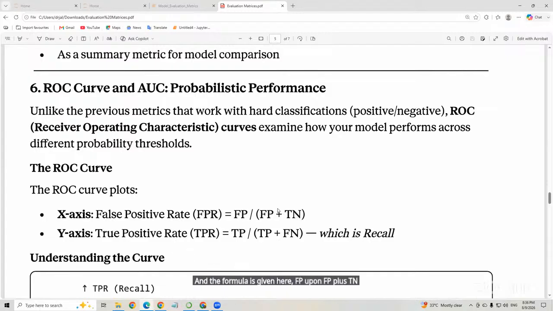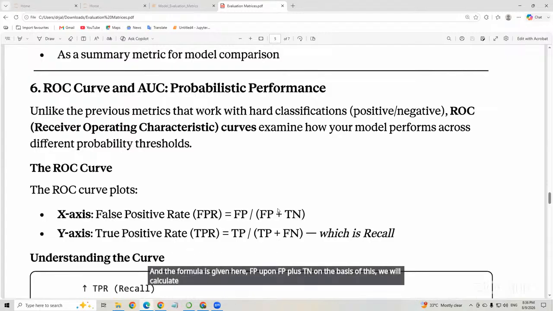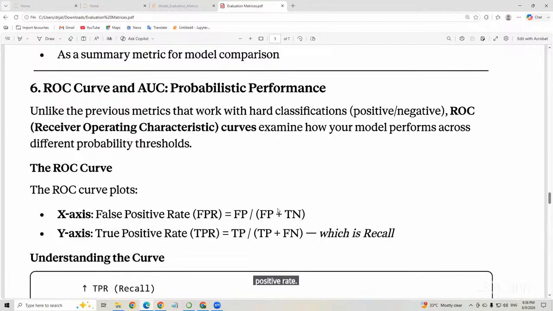On the basis of this, we calculate the false positive rate. And the second is the true positive rate, TPR, on the y-axis, which is recall.